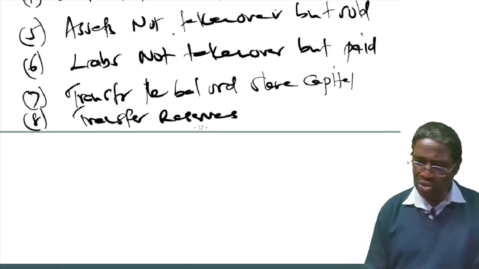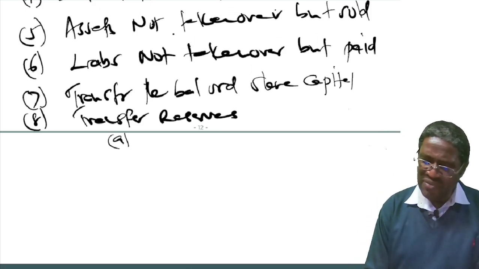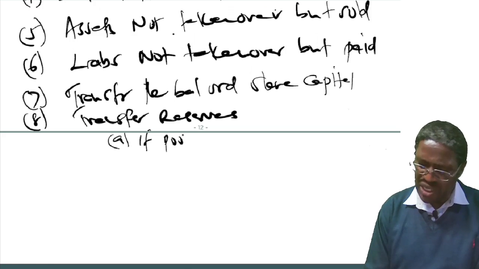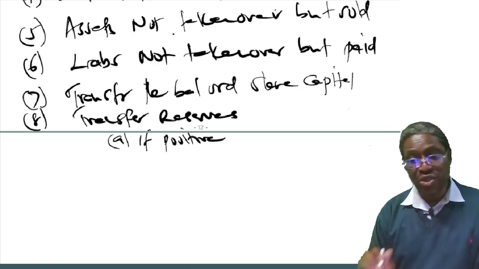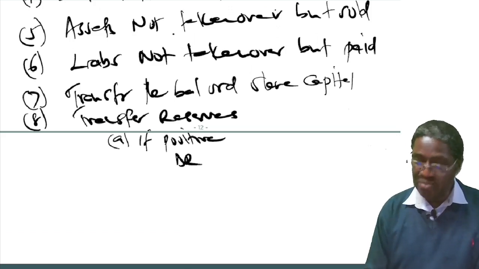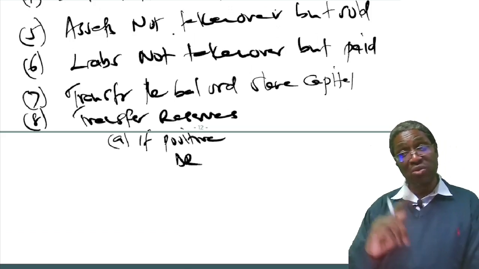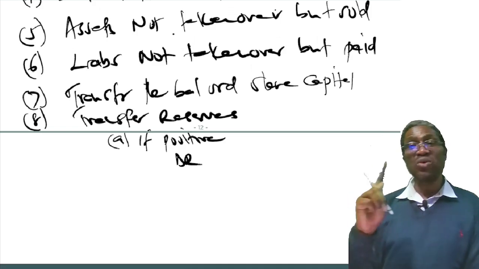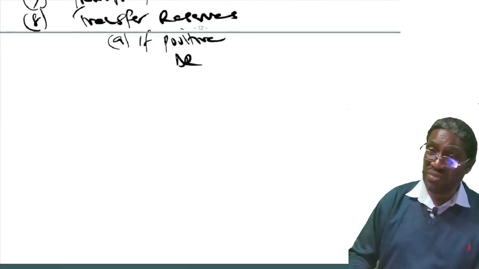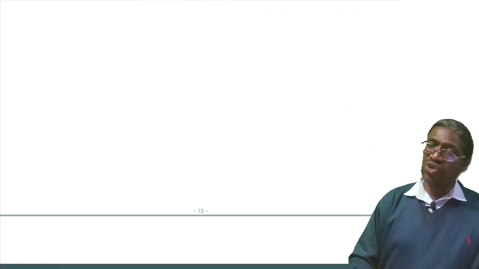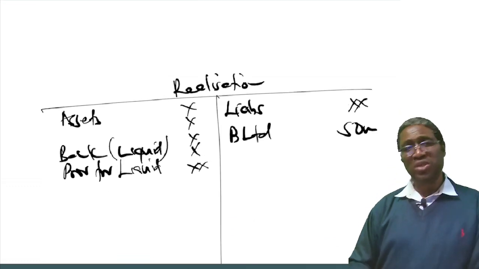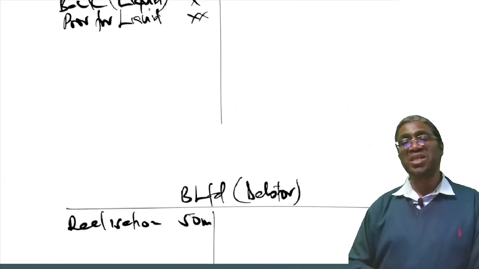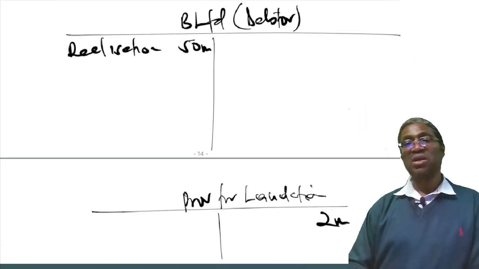So under number 8, if it is a positive reserve like share premium, you will debit that share premium because it's a credit balance, and you will credit the ordinary shareholders members.